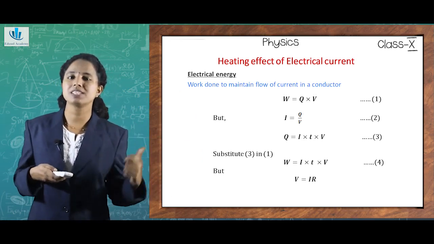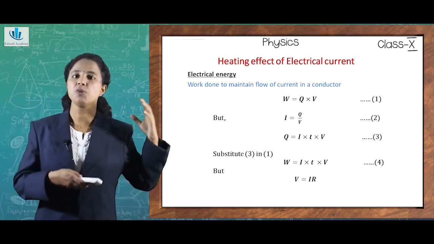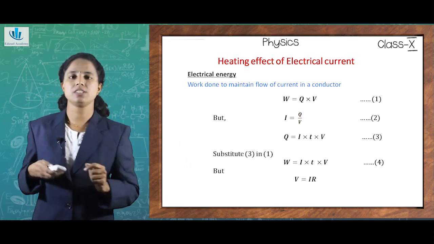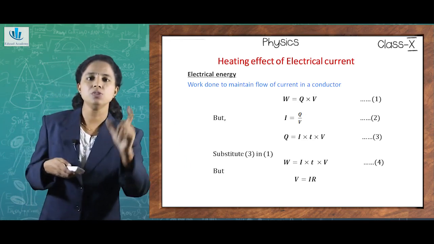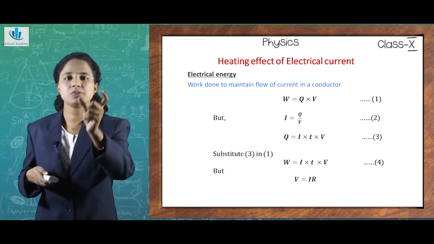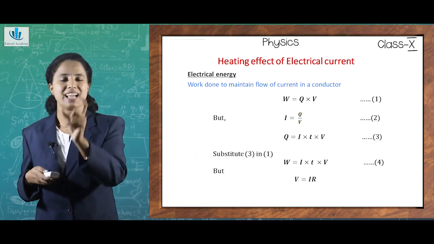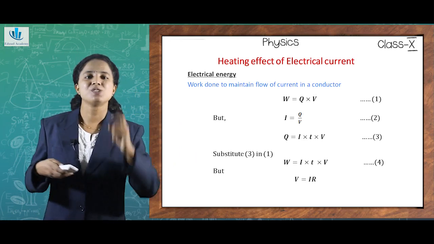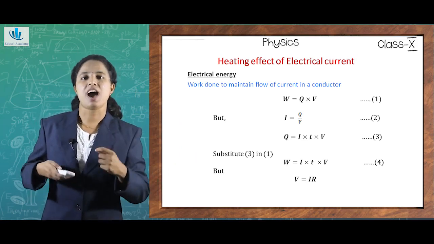So, in the fourth equation, now I am going to substitute for V. What we basically do is, we take the initial equation W equals Q times V. Then we substitute for Q as I into T. Now we are going to substitute for V. So, V equals I into R.